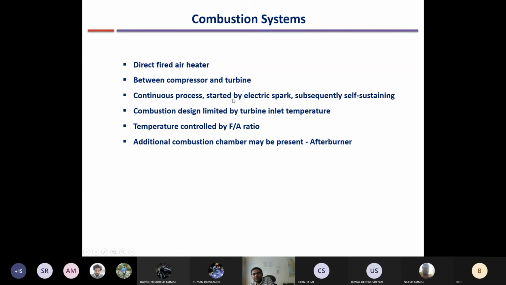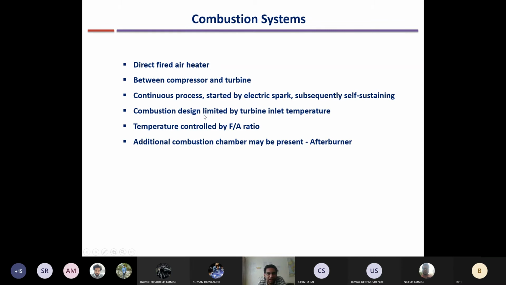It is started by an electric spark and is self-sustaining. Sometimes suddenly the flame goes out, which can happen mid-flight while your jet engine is flying. It is called flame out. The ignition suddenly stops, but you can reignite using the igniter. So it does not mean that it stops and you cannot start again.